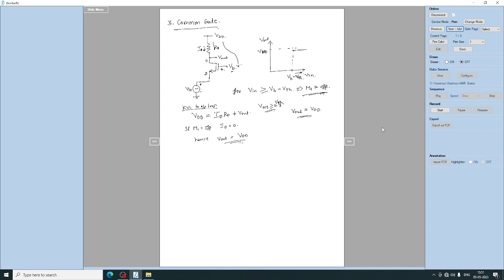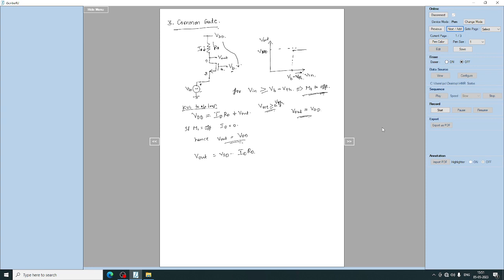Understood? If V in decreases from this value, I mean if V in is less than VB minus VTH, what happens? The device is on and ID starts flowing, and obviously your V out is VDD minus ID RD.